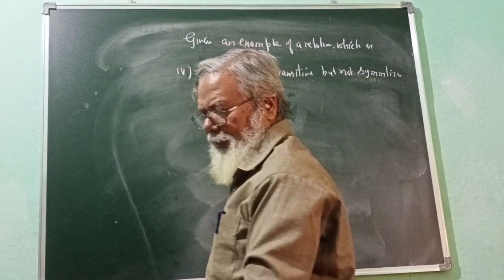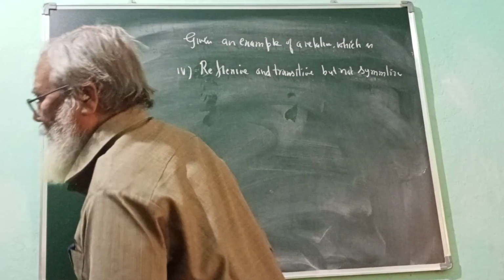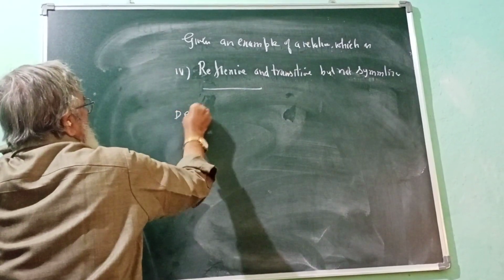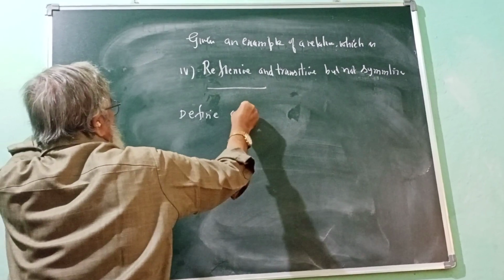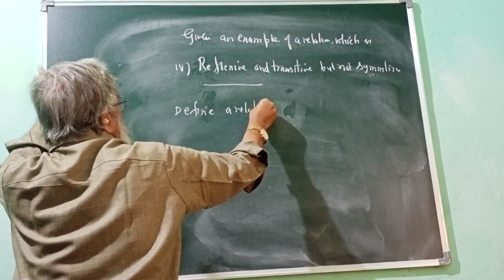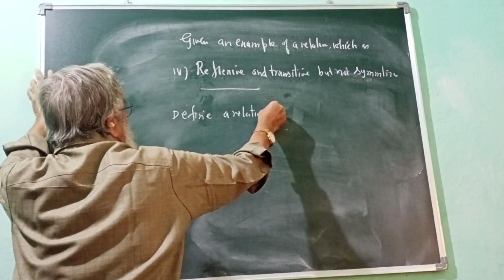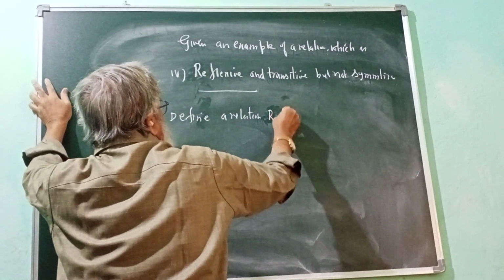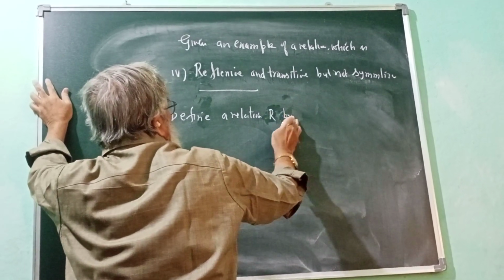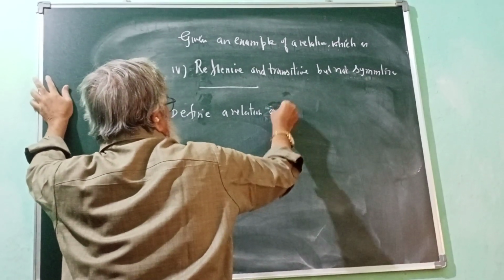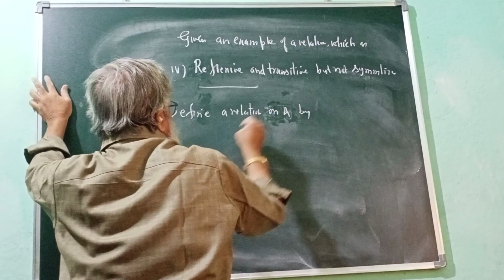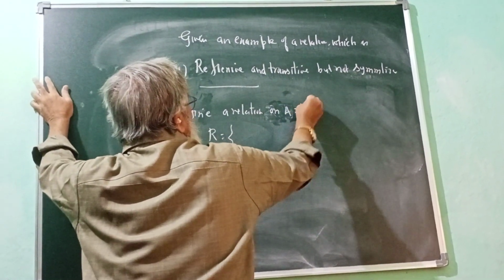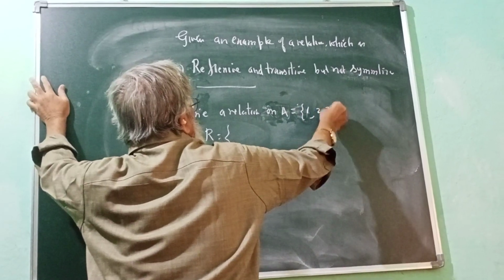So we write our answer as, let us define a relation R on A, where A is, say, {1, 2, 3, 4}.